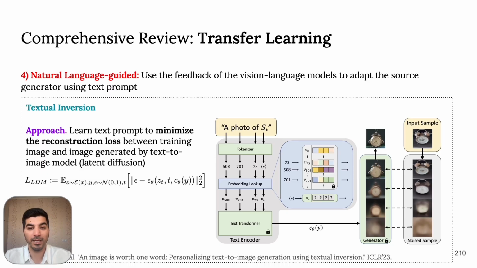The tokens for "a", "photo", and "of" are all known. Here, for example, you can see them as 73500, 701. But the tokens for S star are not known. They condition image generation on this text prompt, and they get a loss. Then they backpropagate the loss to learn these unknown tokens.